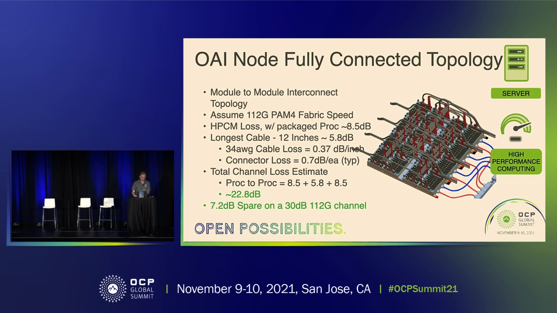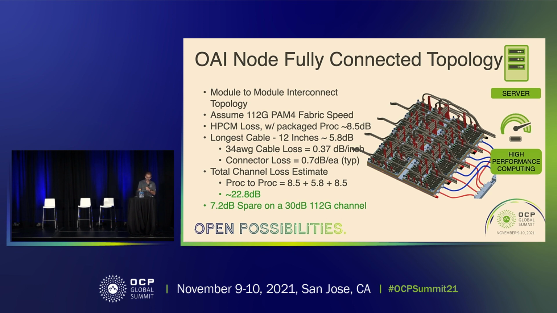And so with this, a fully connected topology node like we've got here, if we take each of the connections one at a time, so the cables between modules, the longest cable in this system is of the order of 12 inches long. I won't go through all the individual losses, but it's summarized there, in green.